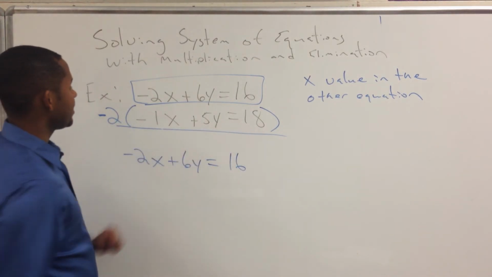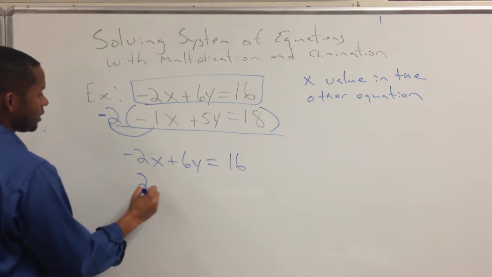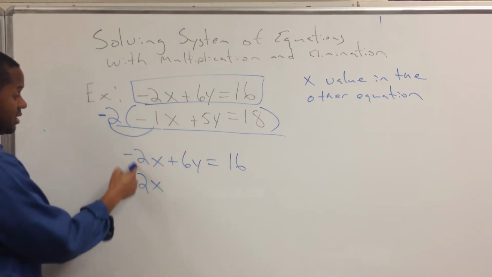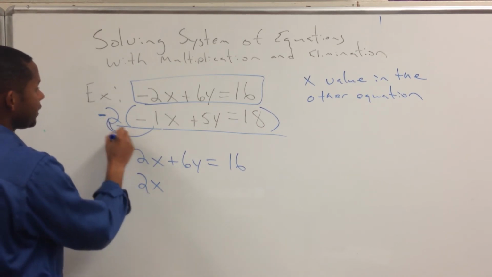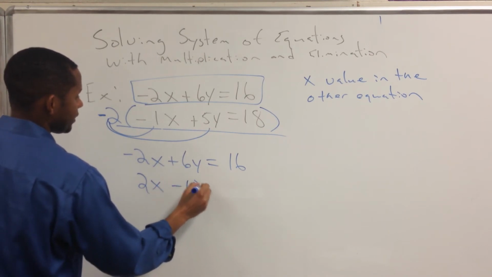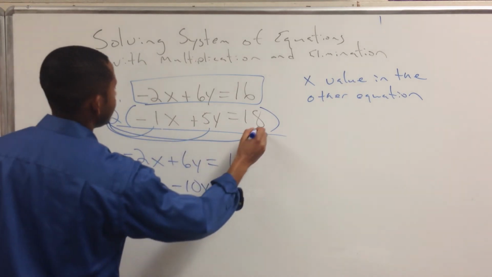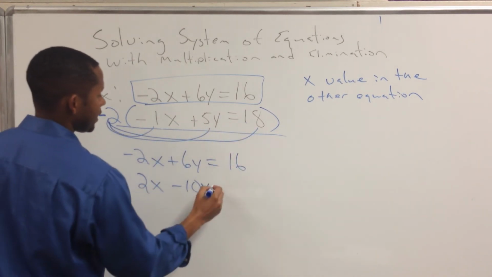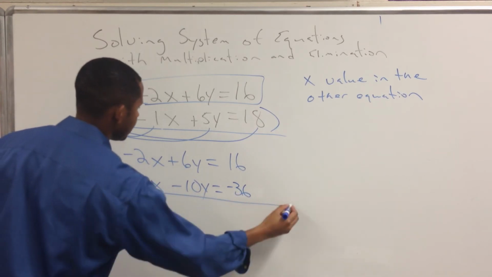But the second equation, I change. Negative 2 times negative 1 is positive 2x. See, these are the ones that are going to cancel out. Then I get negative 2 times 5, which is negative 10y. Then I get negative 2 times 18, which is negative 36.